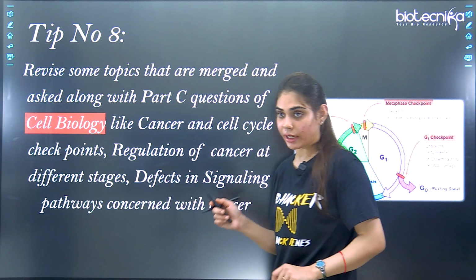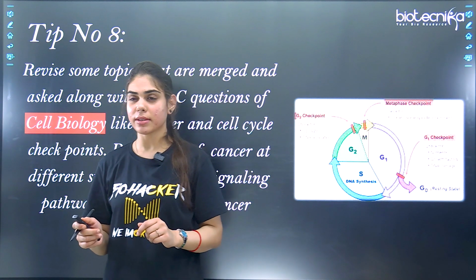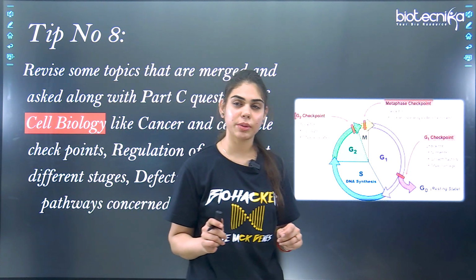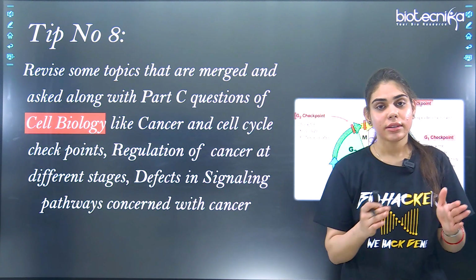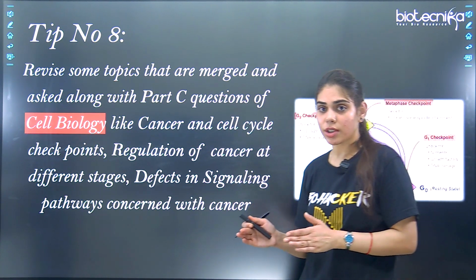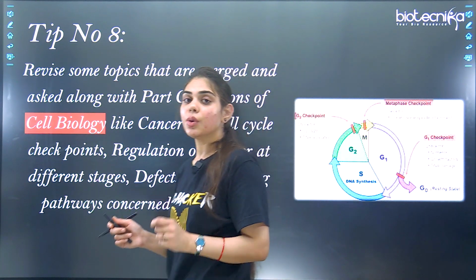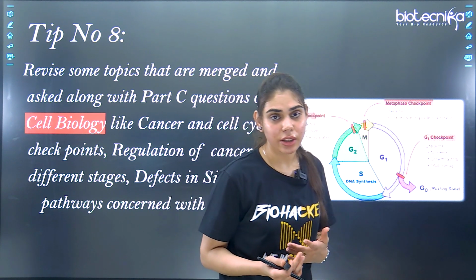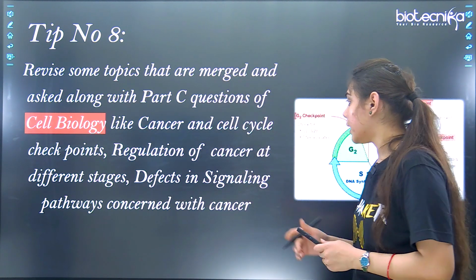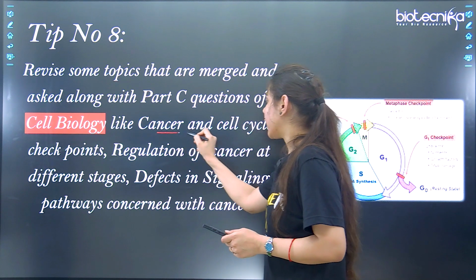What is tip number 8? Revise some topics that are merged and asked along with Part C questions of cell biology. As I already mentioned earlier, Unit 4 questions are asked along with Unit 2, that is cell biology. What are the common topics asked with Unit 2? There are topics like cancer as well as the cell cycle.